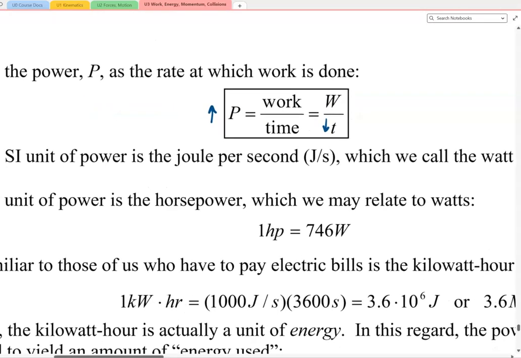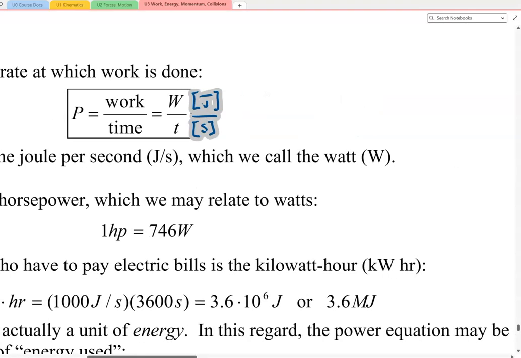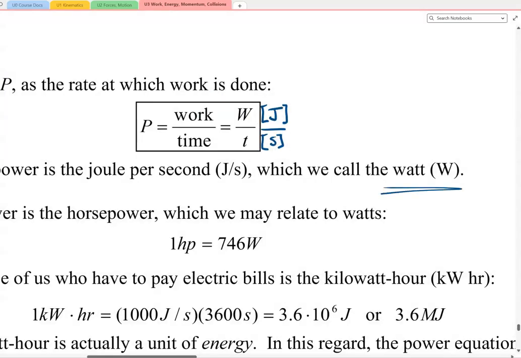So, in keeping with the theme of interesting units and dimensional analysis, if we know that work is a measurement of joules and time is a measurement of seconds, we now have a unit for power known as a joule per second. And that's all well and good, but we are now going to introduce a new computed unit called the watt to represent that.